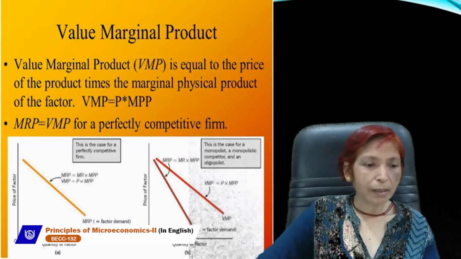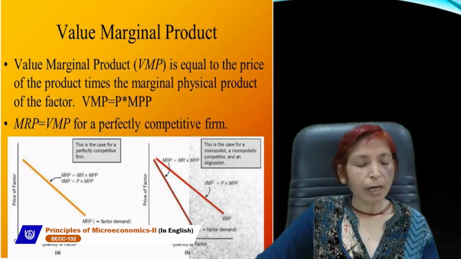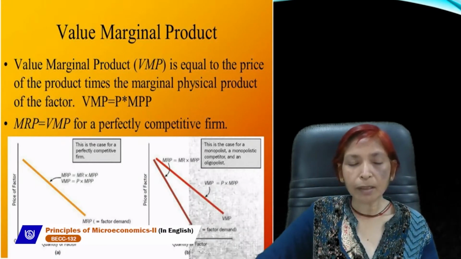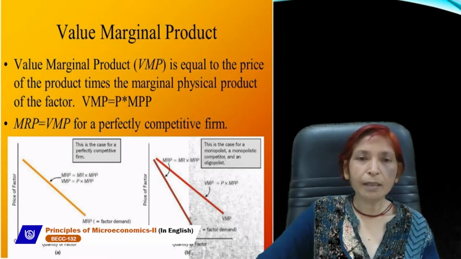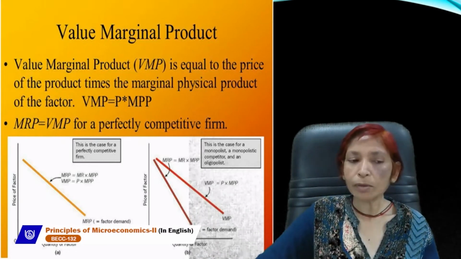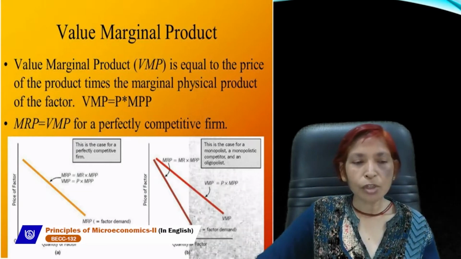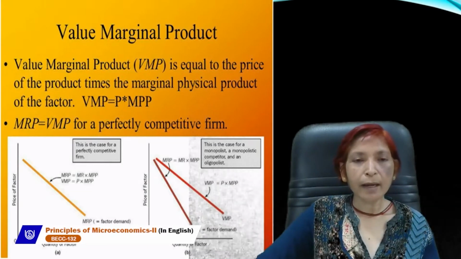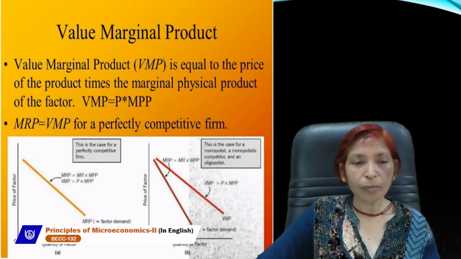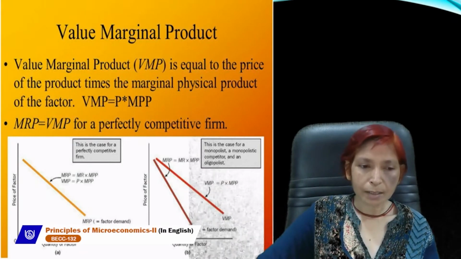For example, here it is written MRP is equal to MR into MPP, and VMP can be calculated by multiplying AR into MPP. In place of AR, we can write price because AR is always equal to price. So this first diagram, diagram A, shows that VMP and MRP both are equal because we are assuming that a perfectly competitive firm exists in the market.